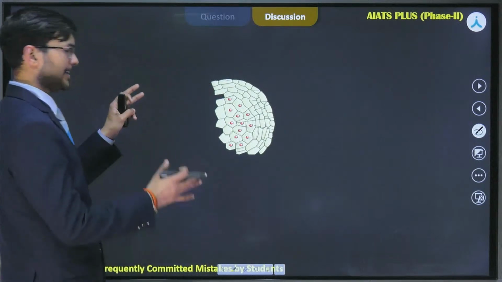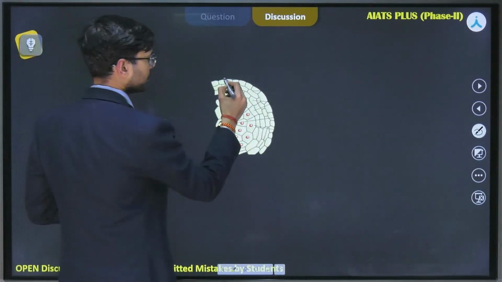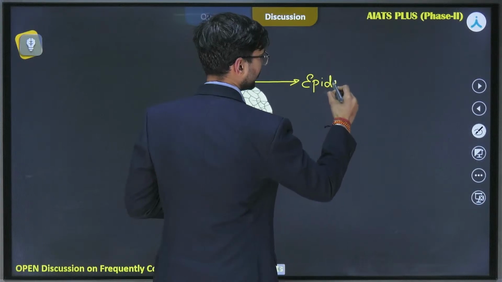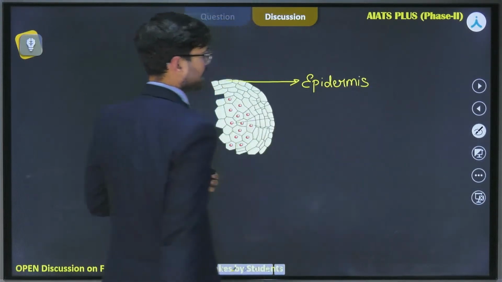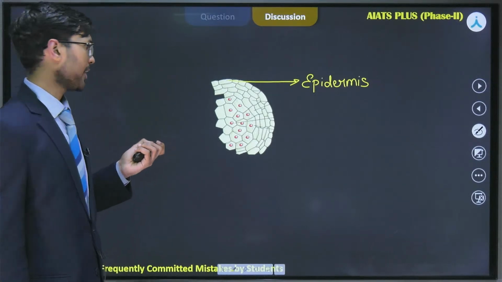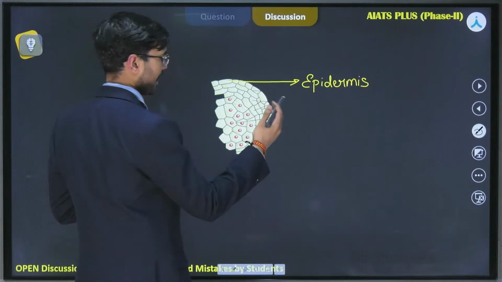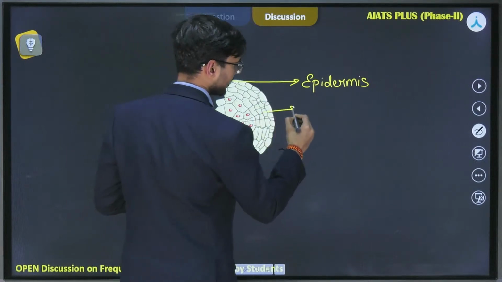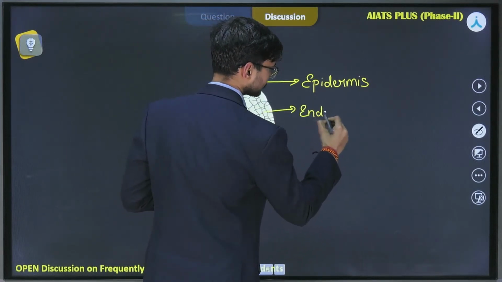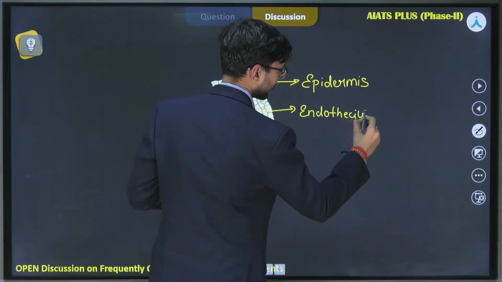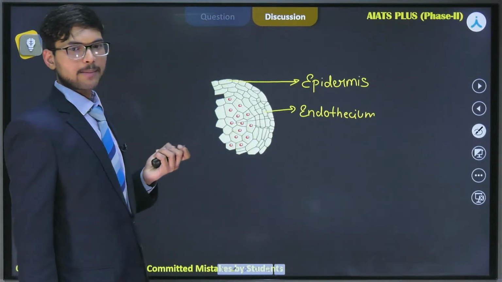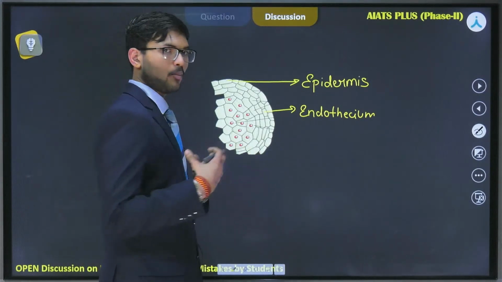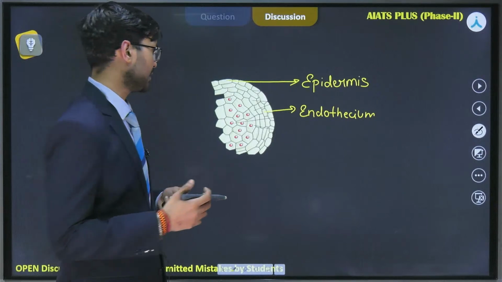So this is a section of the anther wall layer. The outermost layer you are seeing, which is a single layer, is called epidermis, which is responsible for protection of the anther. Below the epidermis you will see 1 to 3 layers called endothecium. Endothecium is made up of alpha cellulosic fibrous bands, which are able to absorb water and are responsible for dehiscence of the anther.